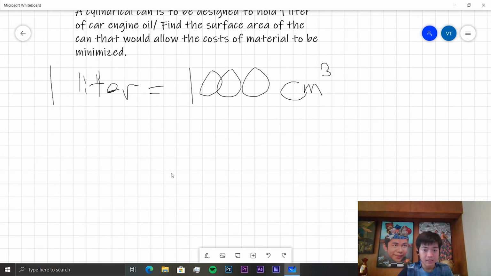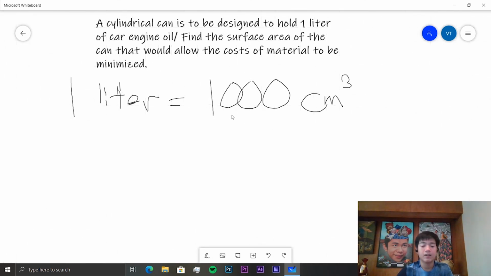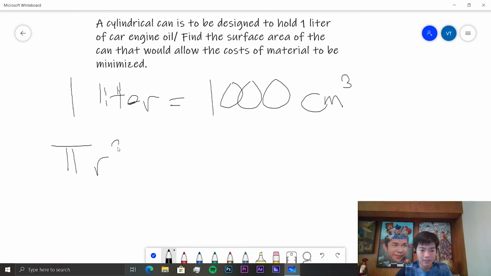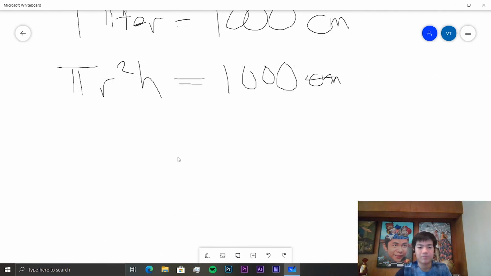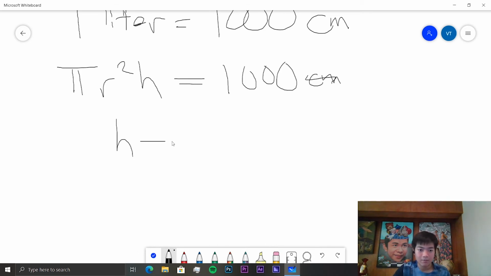So the volume has to be this, and we know the volume of a cylinder should be pi r squared h. So this must be equal to 1,000 centimeters cubed. So what can we get from this? I guess we can get h must be equal to 1,000 over pi r squared.